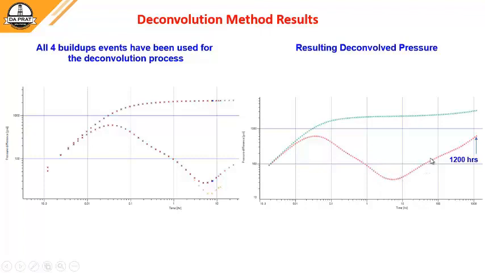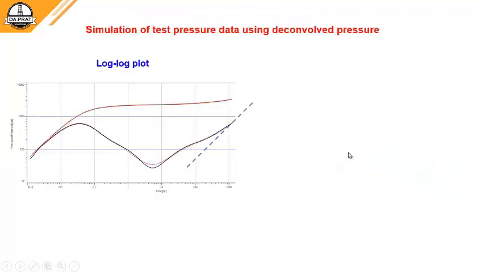Now you got 1200, which adds more time, as is inherent in the deconvolution. Your testing time is the total testing time, including build-ups and drawdowns. So if we do the simulation using the deconvolved pressure, now we're not simulating one drawdown.